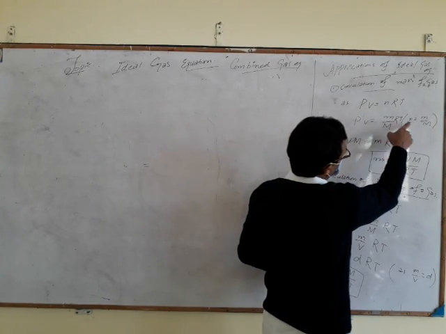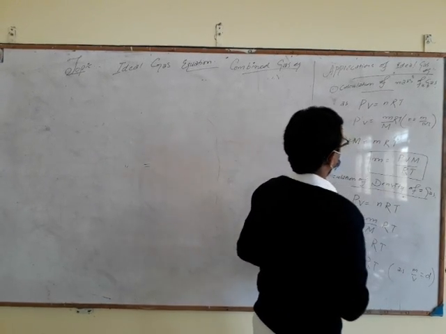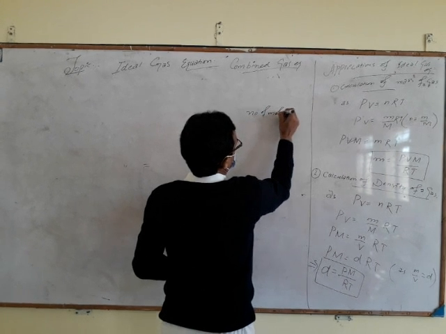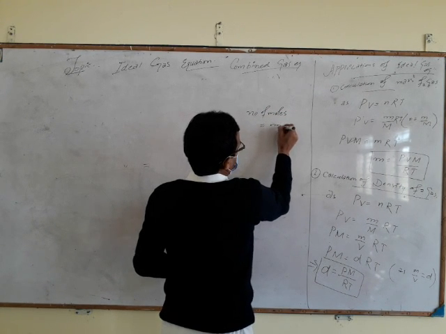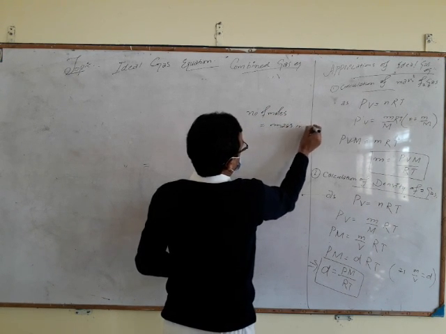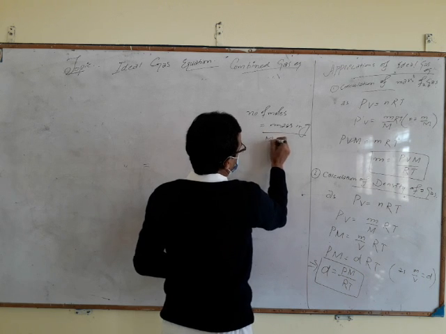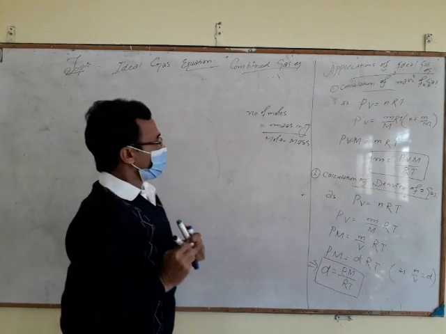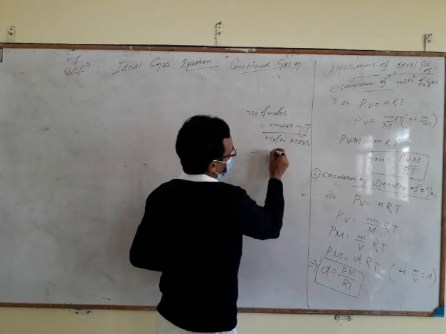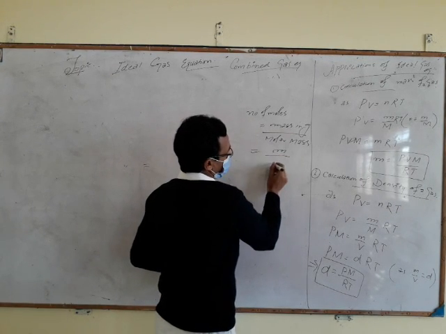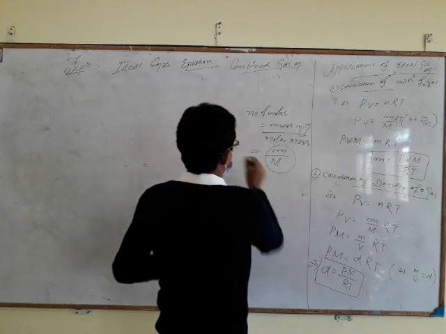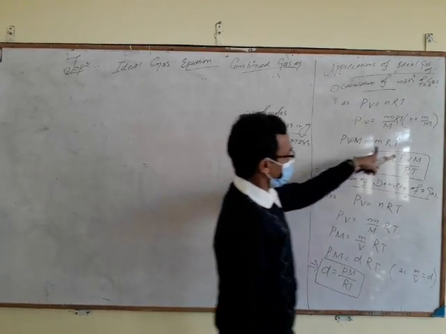Now we know that the number of moles is equal to mass in grams divided by molar mass. Mass in grams is represented by small m, while molar mass is represented by capital M.